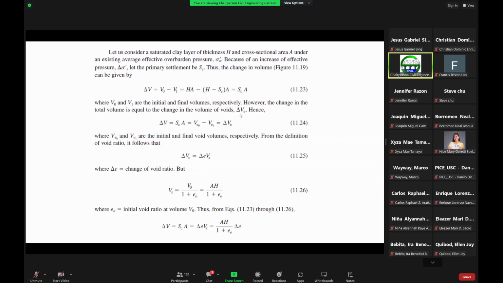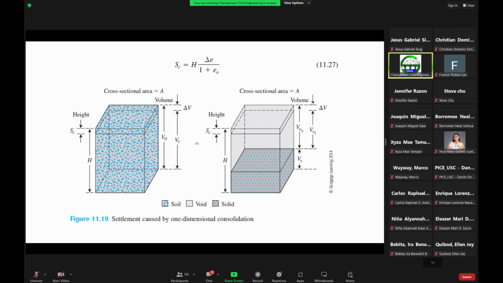Or the delta V sub V. So that means this equation here, equation 11.23, is just equal also to the change in the volume of voids, which is demonstrated here.